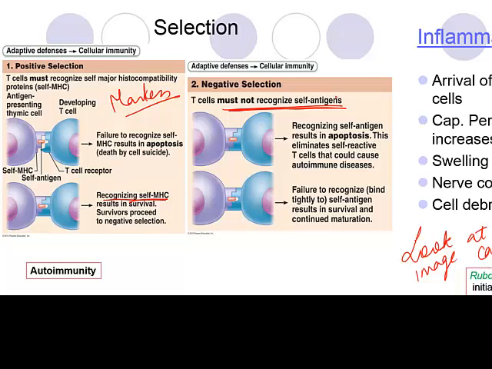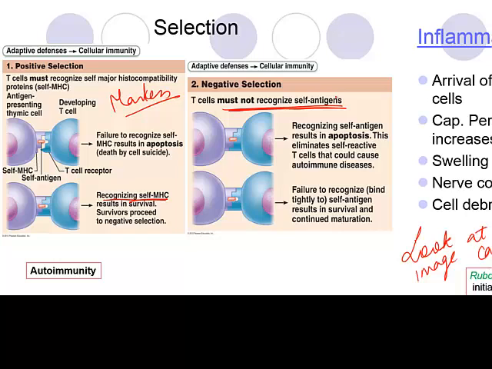That means those that recognize self, we want to get rid of them because they will react against self. Those that don't recognize self are tolerant towards it: I'm not going to react against you. Those are kept in the body and will survive. Have you followed this? There are some cells which are iffy.